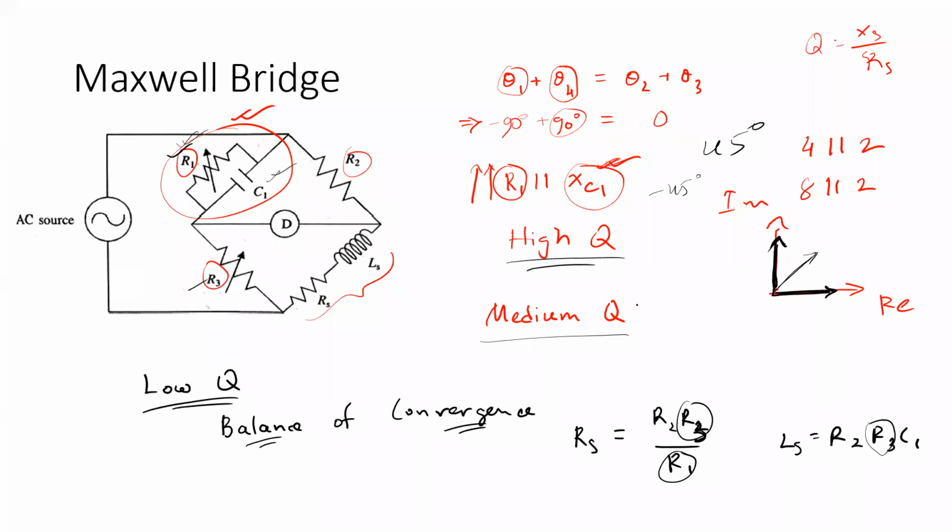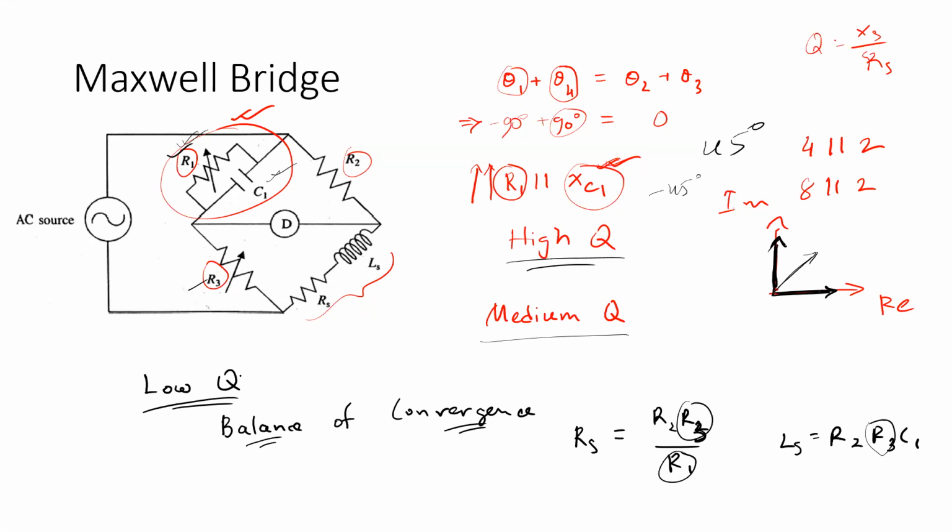Now for medium range Q, both RS and LS are comparable with each other, and by varying R1 and R3, tuning them after two or three trials, maybe we'll obtain balance condition.